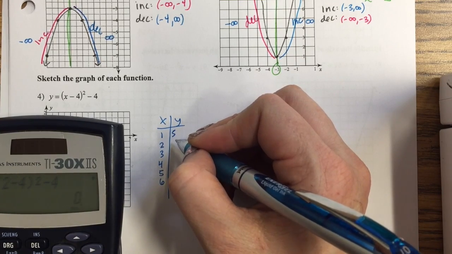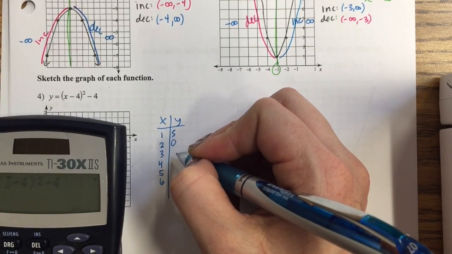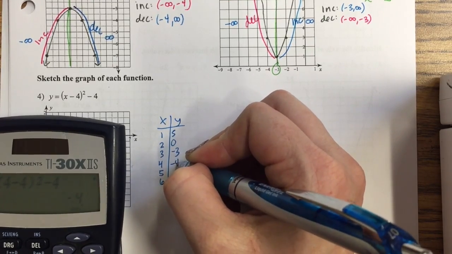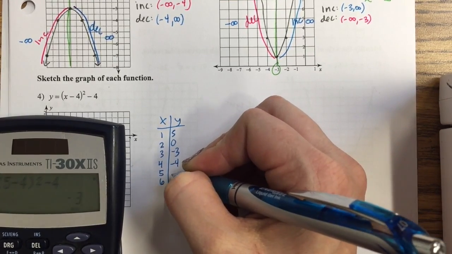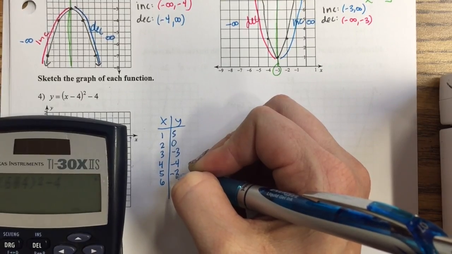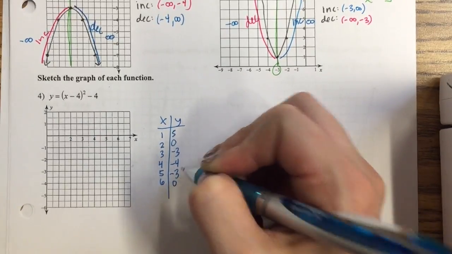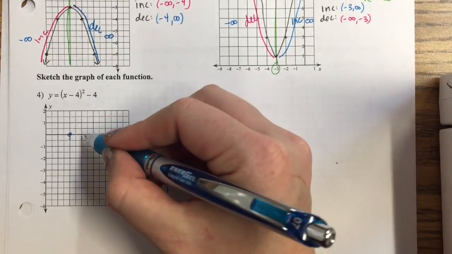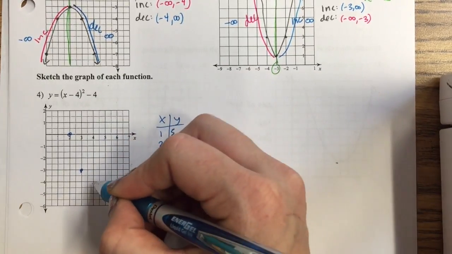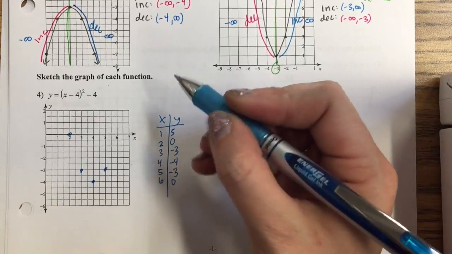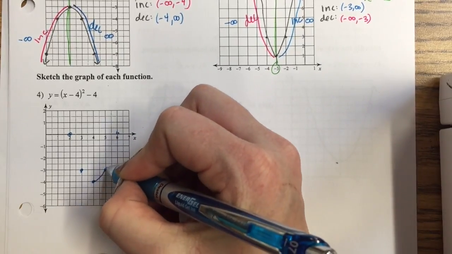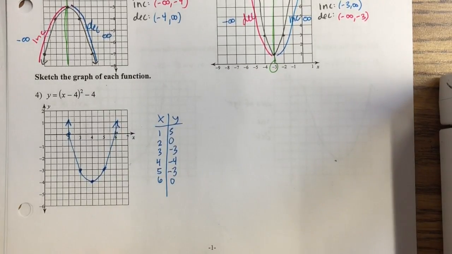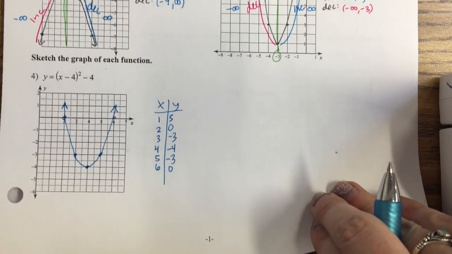Make the next number a 2, 3, 4, 5, 6. Then I plot those points. 1 is up 5, 2 is 0, 3 down 3, 4 down 4, 5 down 3, 6 is 0. And you don't have to identify on the graphing review.